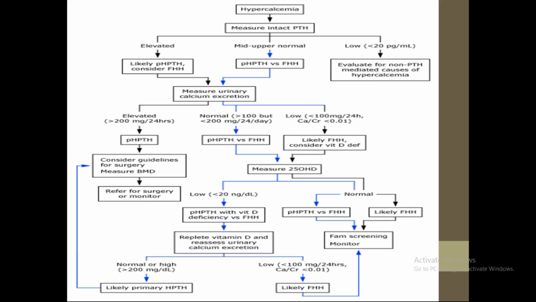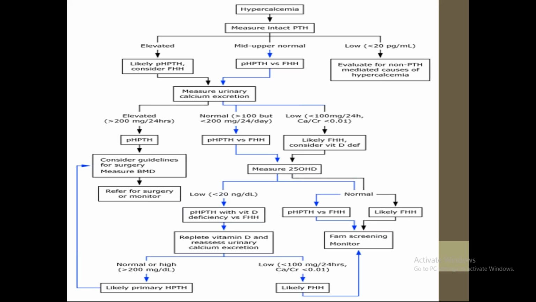Then you measure the vitamin D levels. When you measure vitamin D levels, if it is low, then you can think that it can be vitamin D deficiency, which presents along with primary hyperparathyroidism versus FHH. Then you repeat vitamin D and reassess urinary calcium excretion.